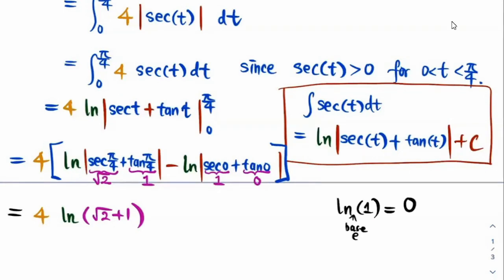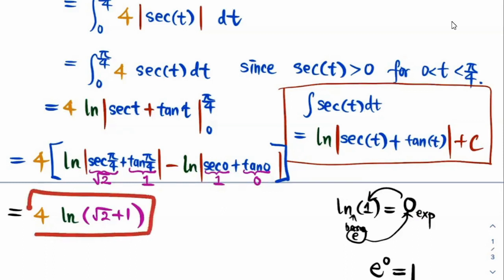So e raised to the 0 power equals 1. So the base raised to this exponent gets you back to 1. So ln of 1 is equal to 0. So this part over here will be equal to 0. So we have only this part left, and that will be the final answer.